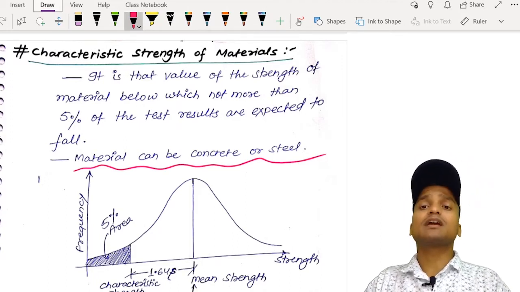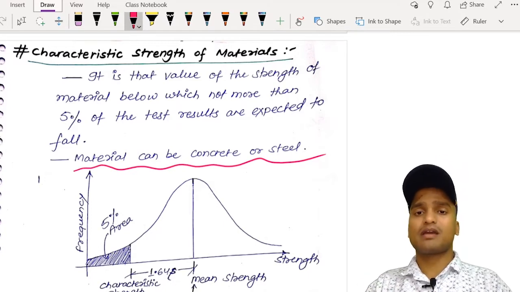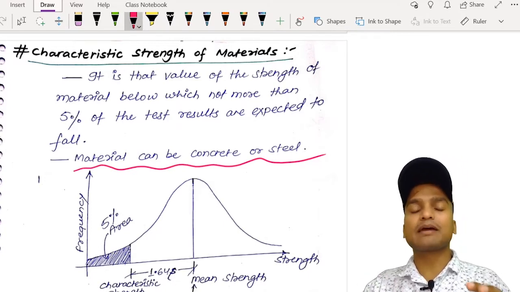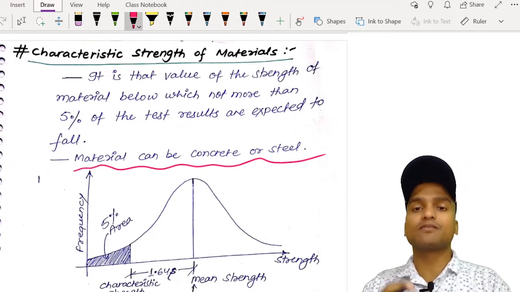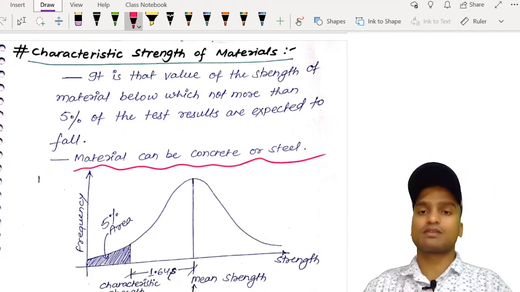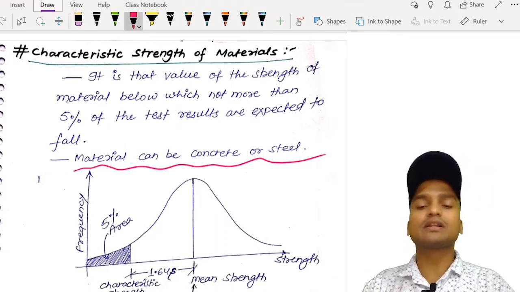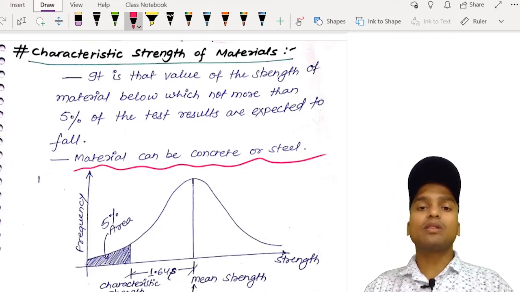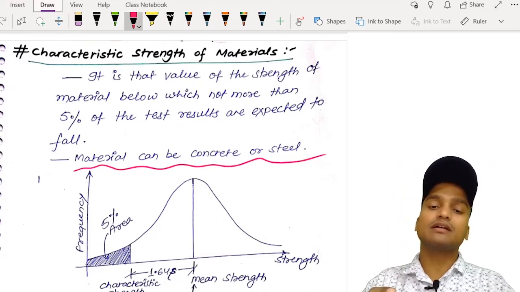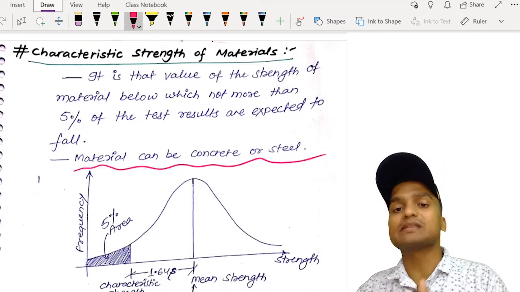We do experiments in the lab using different lab apparatus, and we calculate different strength values like compressive strength, tensile strength, flexural strength, shear strength, torsional strength. So all these strengths are calculated in the lab for the different samples.